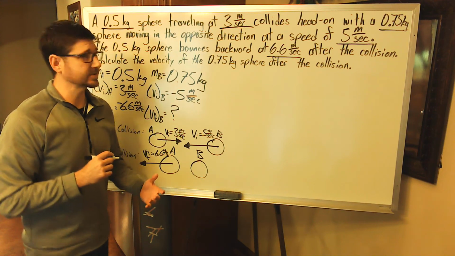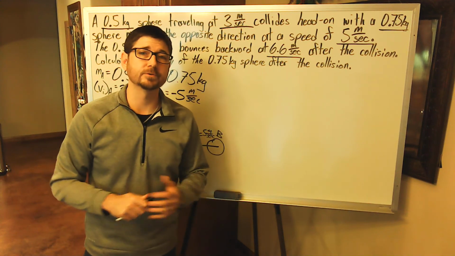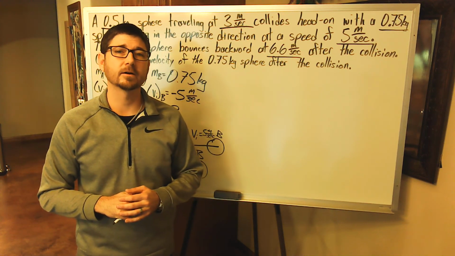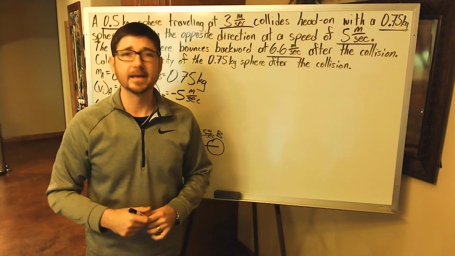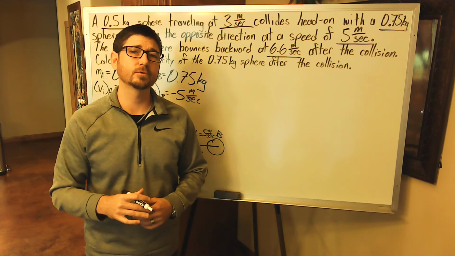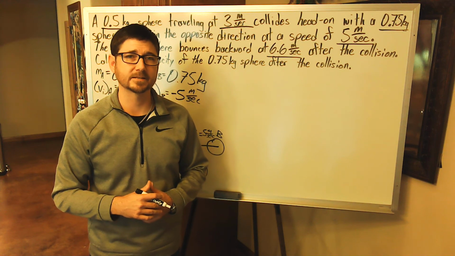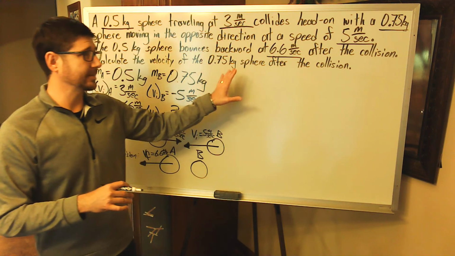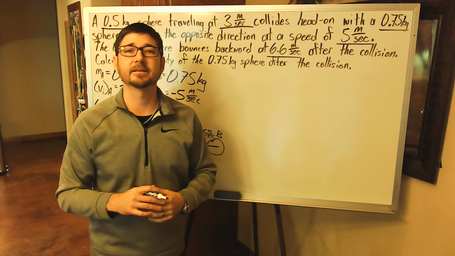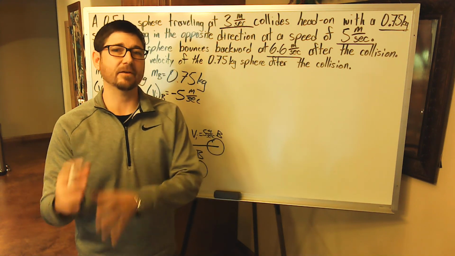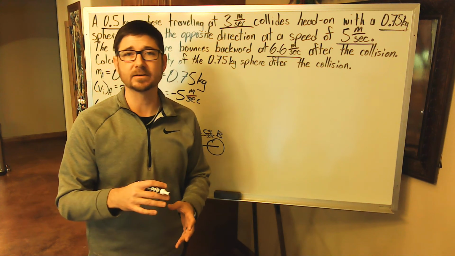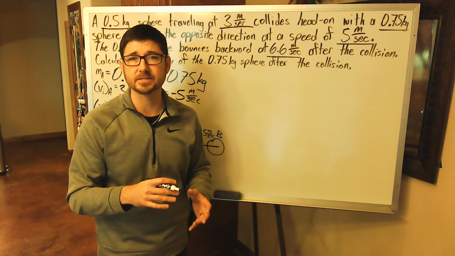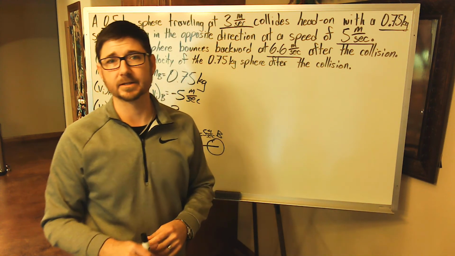Now, in order for us to solve this problem, what we're going to do is use the law of conservation of momentum. And this tells us that in a closed, isolated system, the momentum is conserved. So applying that here, that means that the momentum for the system after the collision is going to equal the amount of momentum the system has before the collision.